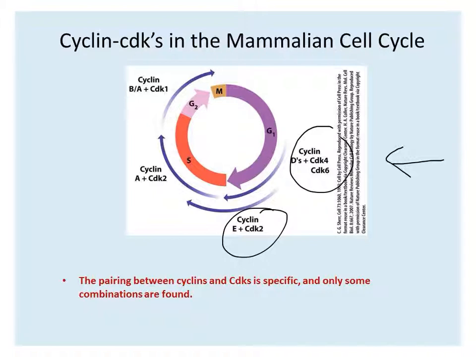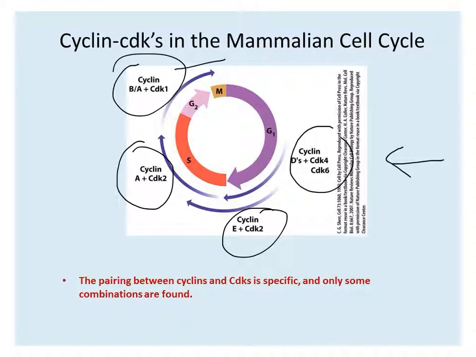Also, progression further into S phase requires CDK2 and cyclin E. And further progression into S phase requires CDK2 plus A cyclin. Then we also have a mitotic initiator CDK, which is CDK1, and it complexes with B and A cyclins to help stimulate M phase.